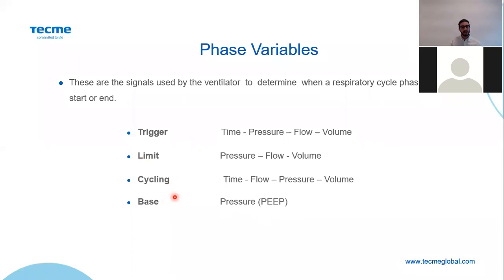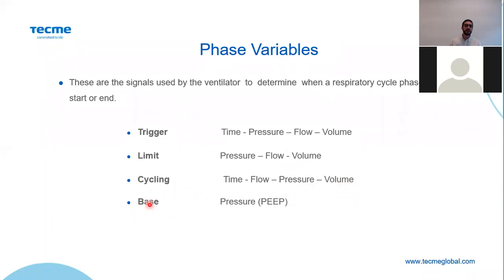Then the cycling variable is the signal when it changes from the inspiration to the expiration phase. So cycling can be by time, by flow, by pressure, or by volume.